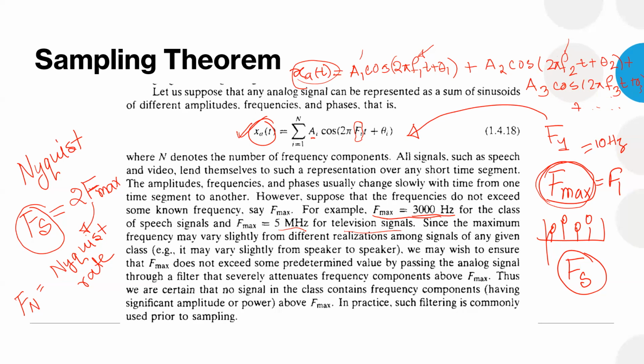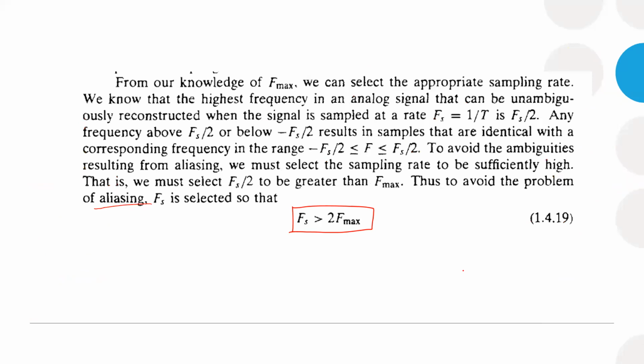Thus, we are certain that no signal in the class contains frequency components of significant amplitude or power above F maximum. In practice, such filtering is commonly used prior to sampling. So in case of using a filter, we have to consider the frequency of the filter, which should not be less than F maximum. Now, from our knowledge of F maximum, we can select the appropriate sampling rate.